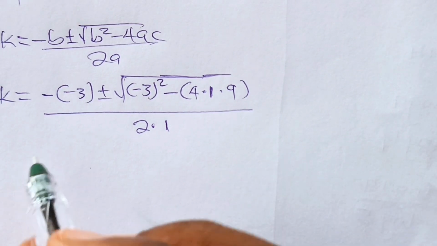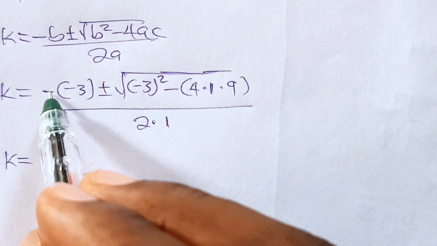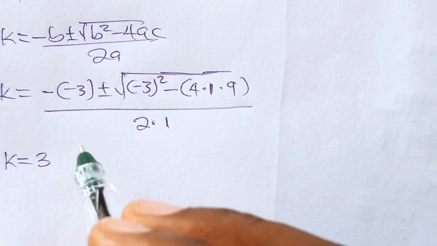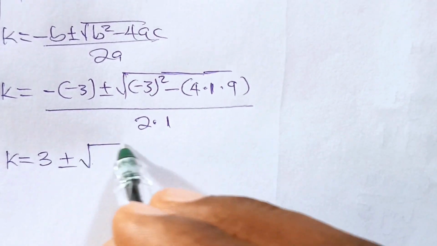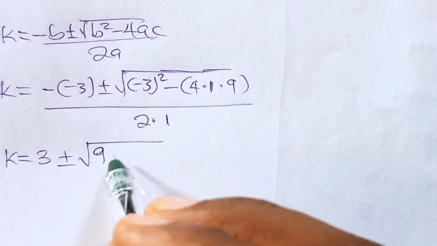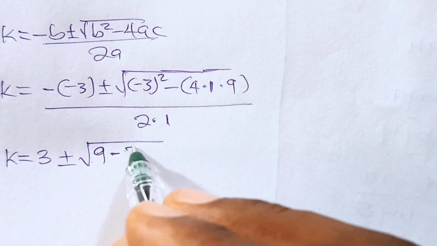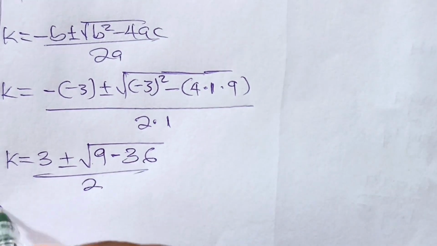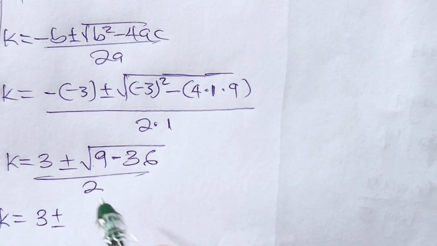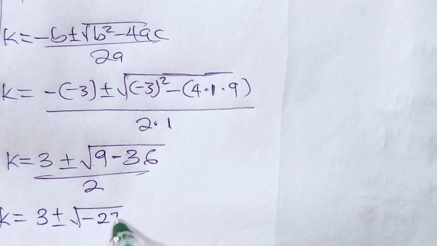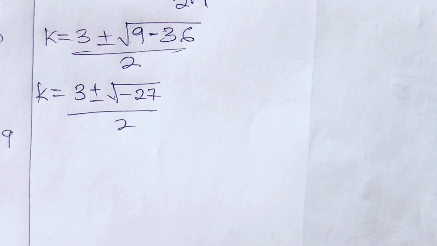Thank you so much. So from here we can see that k is minus minus is plus, so we have plus 3 plus or minus square root of minus 3 squared is 9, minus 4 times 9 is 36, divided by 2. So k is 3 plus or minus square root of minus 27 divided by 2, okay.